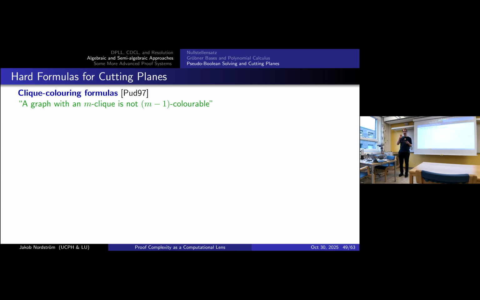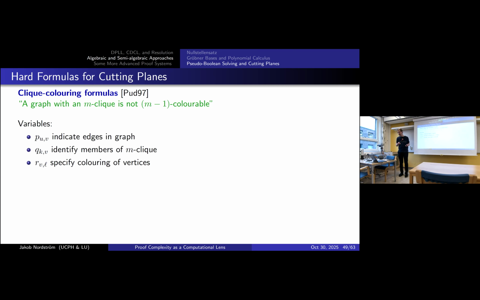But we do know that if I write down the claim that there is a magic graph on n vertices which contains both an m-clique and is (m-1)-colorable, then this is hard for cutting planes. So how do I write this down?